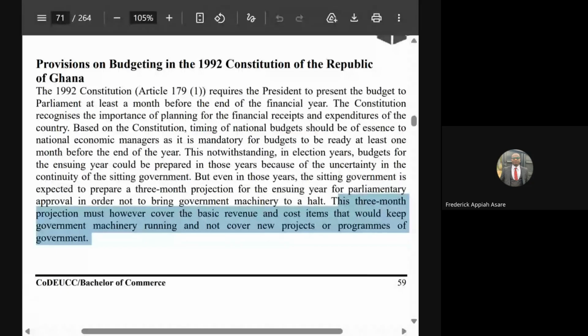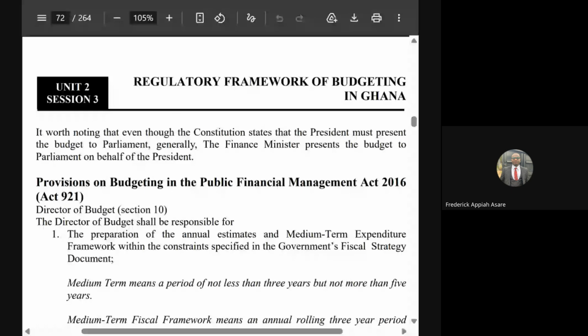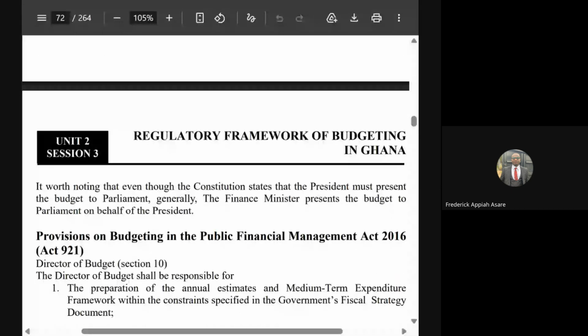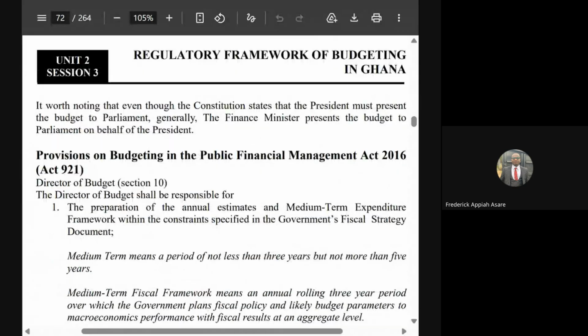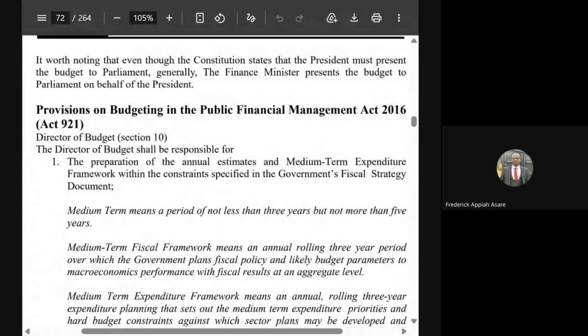But the minority then fought against it, saying that they are leaving office and they won't allow them to add such capital expenditure to the government. So that is the provision the Constitution gives to the president. We have provision on budgeting.